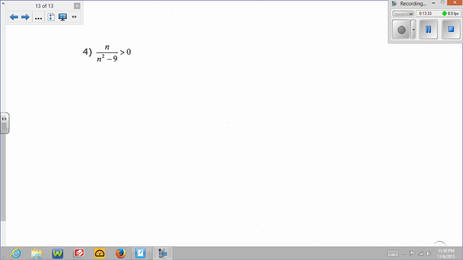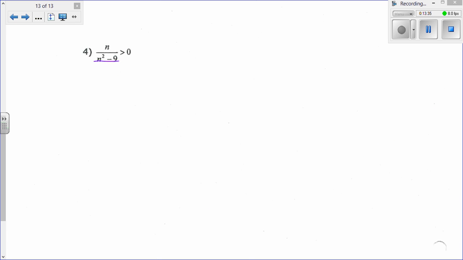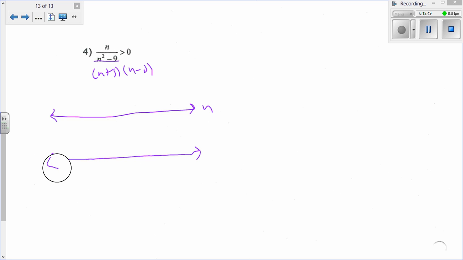Okay, for the last one, we have to factor the denominator. Plus 3 and minus 3. I have 1 with an n. And plus 3. And minus 3.